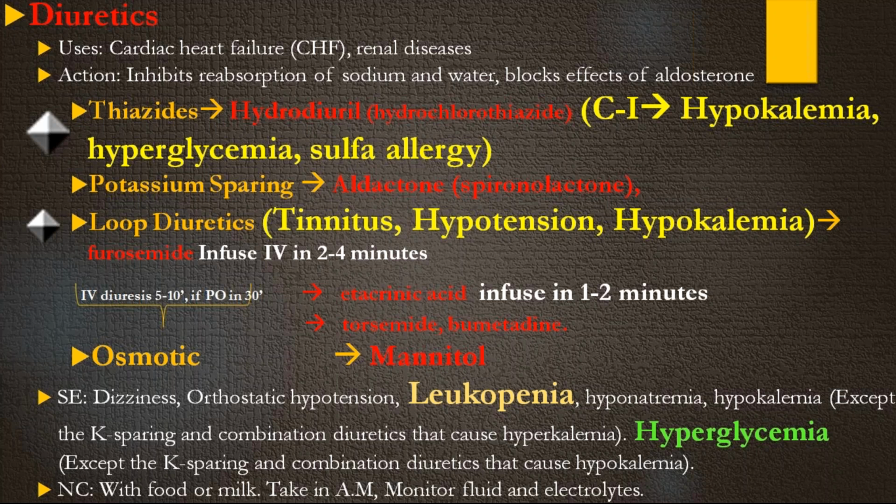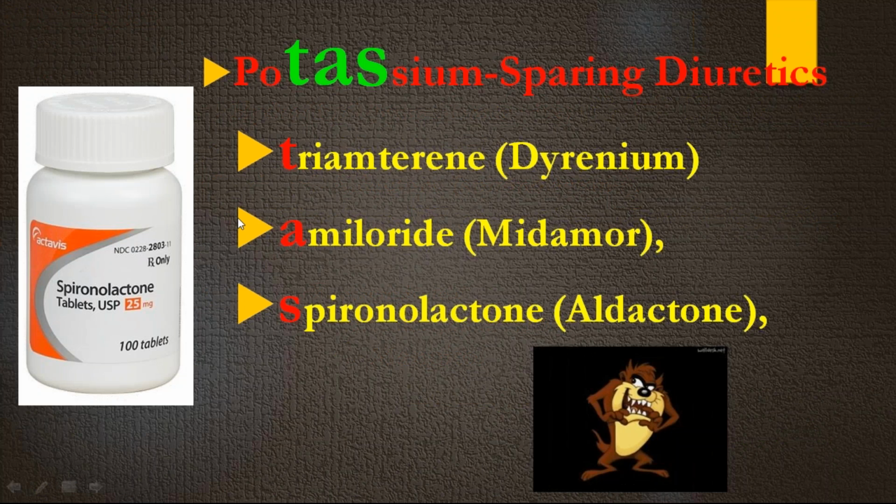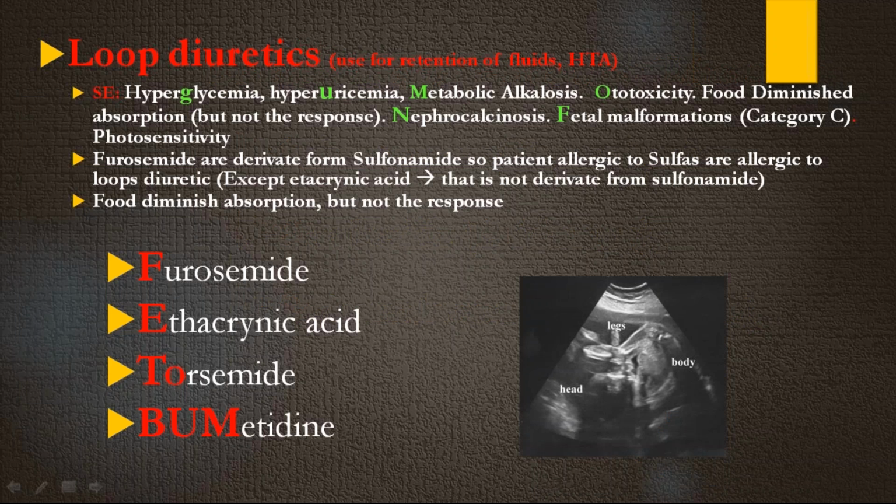First of all, diuretics can lead to something important. Open eyes, open ears: the common side effect is hypotension, orthostatic hypotension, and all the considerations that you need to remember for that. You need to remember the names. Okay, so let's start with the loop diuretics and we come back.